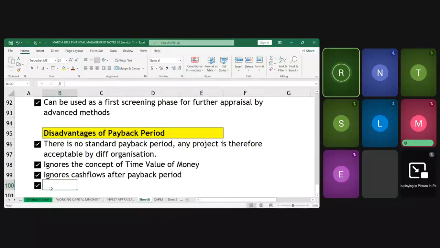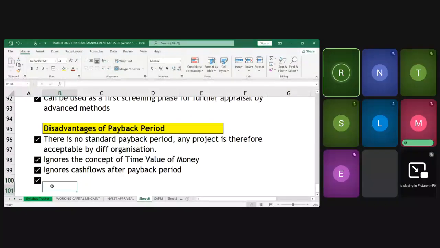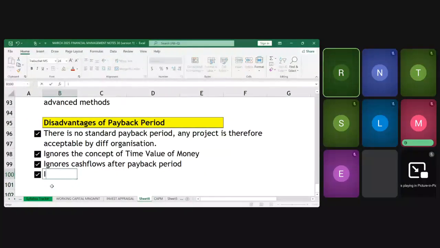So payback period again ignores timing of cash flows. What does that mean? Timing of cash flows. Let me explain this.